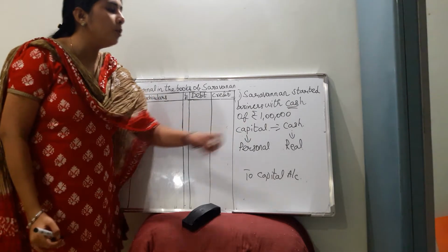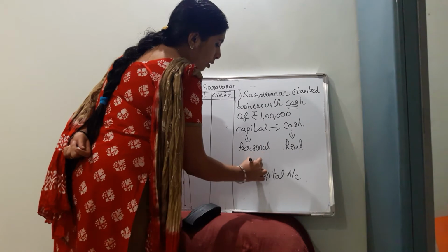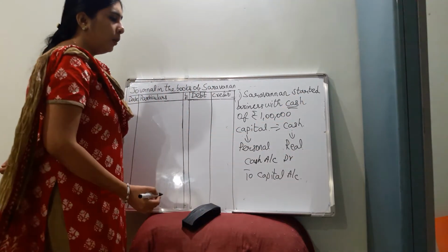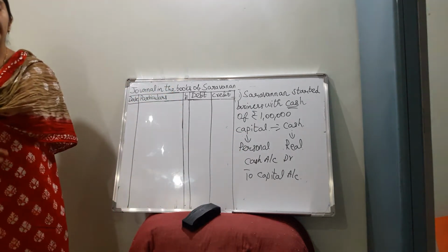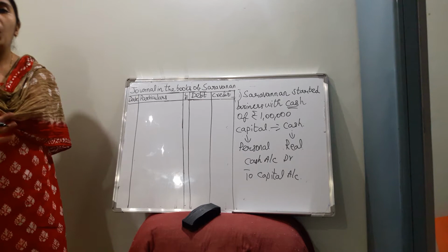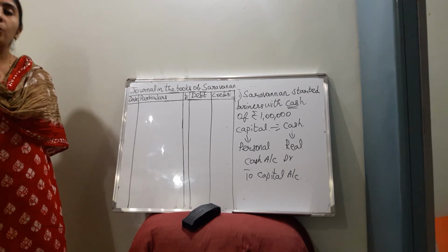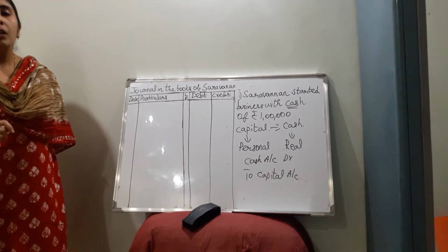So what comes into the business here? Cash comes into the business. So cash account debit. When anything is getting into the business, obviously it should be debited. So the rule of real account is debit what comes in, credit what goes out.